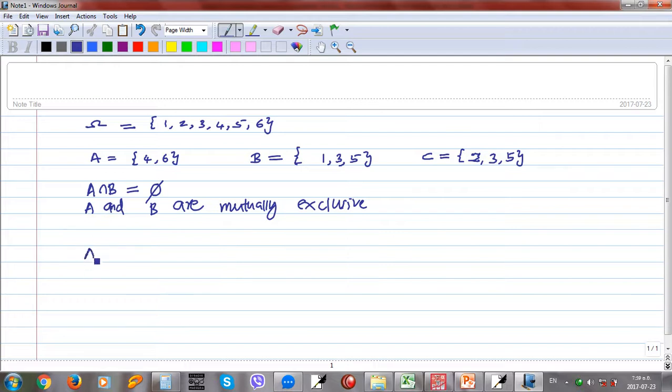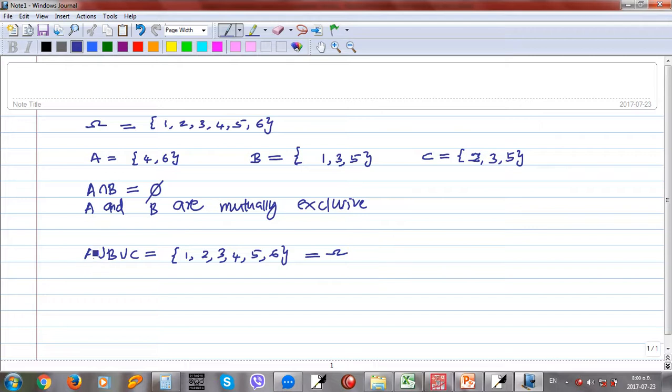As well, if we take A union B union C, what is the value? A has 4 and 6, B adds 1, and C adds 2, 3 and 5, giving 1, 2, 3, 4, 5 and 6. This is equal to the sample space omega.